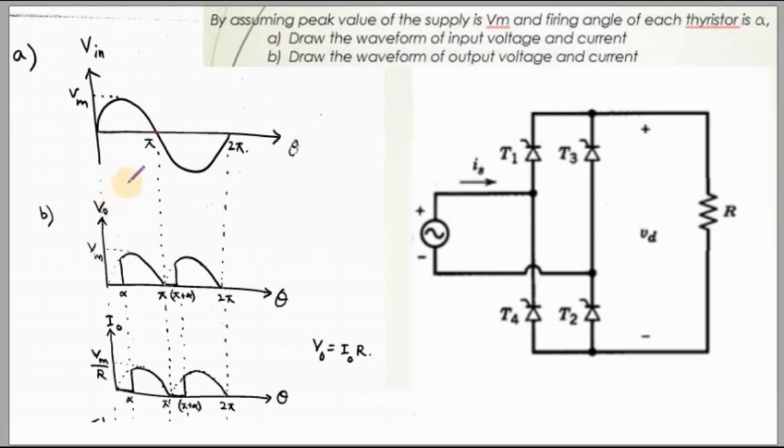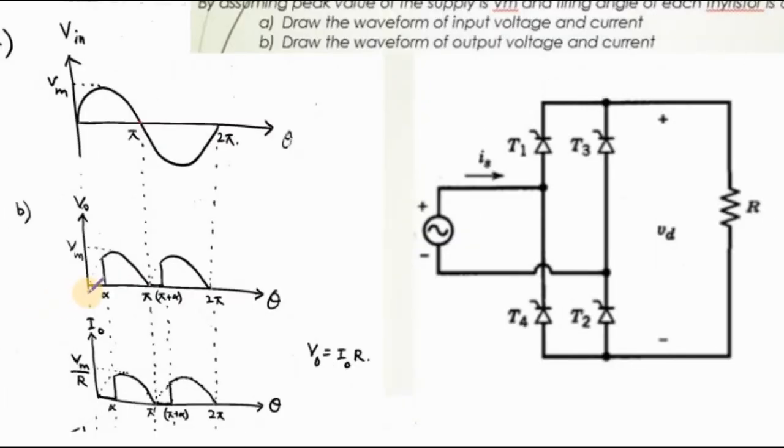So from 0 to alpha, from here to here, what will happen? We do not turn on T1 and T2. So these two parts are disconnected.